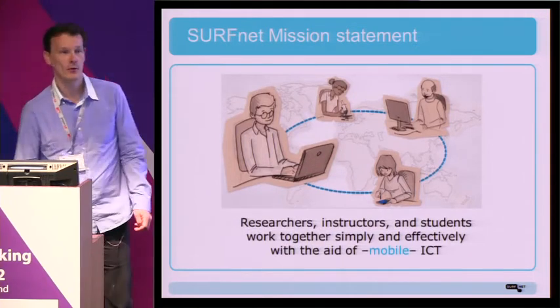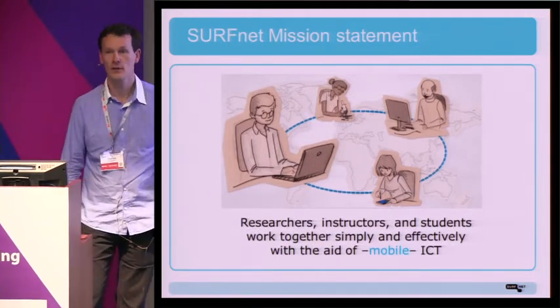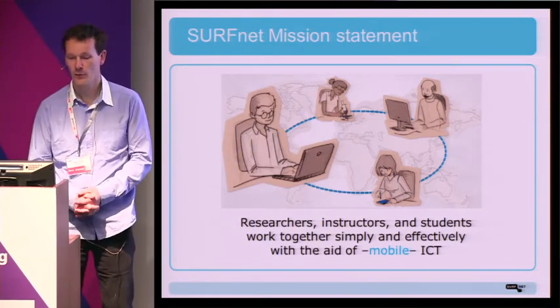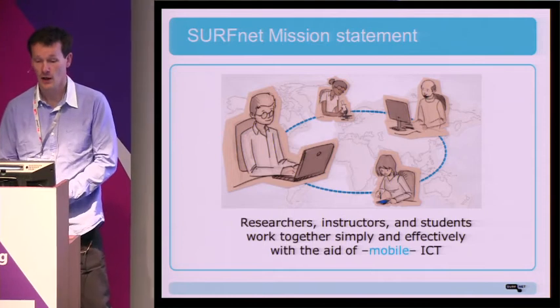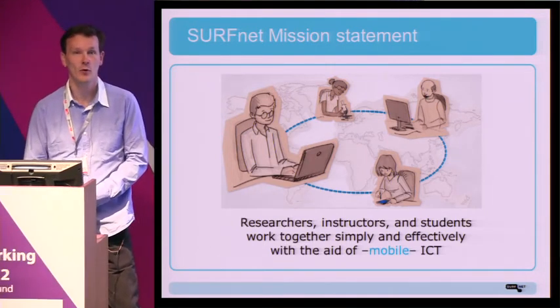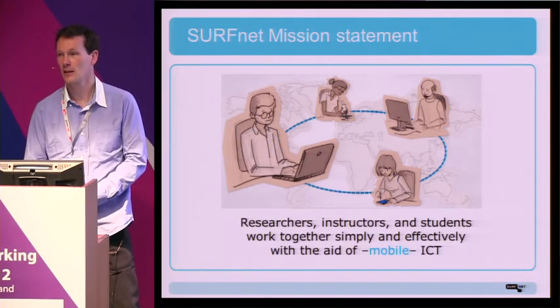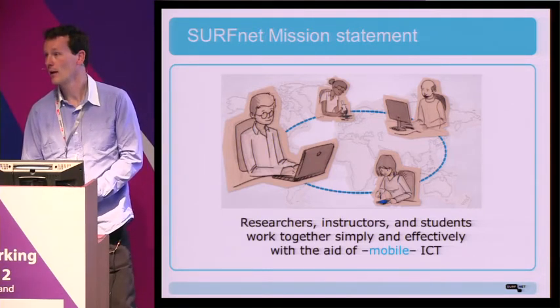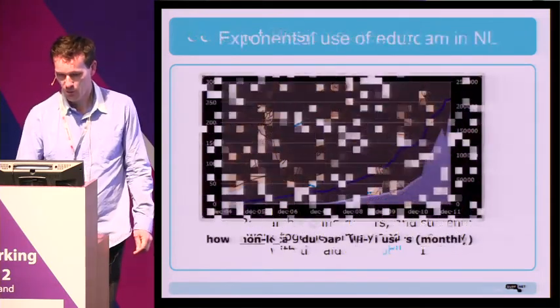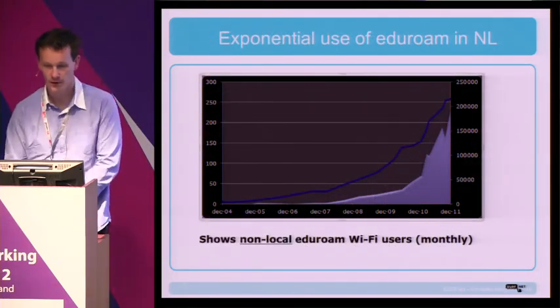First, look at our mission for SURFnet. Why are we doing this? Well, we've always said that we want to have researchers, instructors, and students work simply and effectively together with the aid of ICT. But of course, when everybody has this ICT in a mobile sphere, it should be that as well. So that's why we thought about moving into the mobile part.